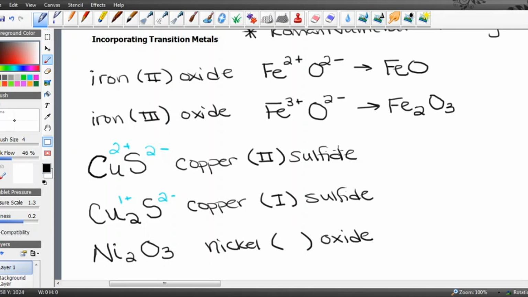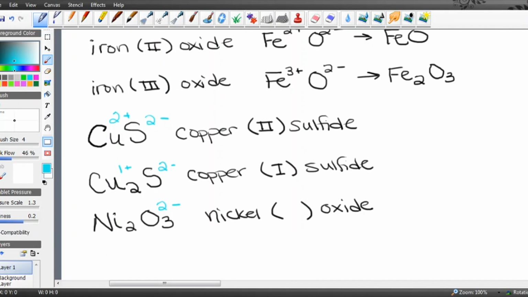I just realized that I've picked oxygen and sulfur for all of these examples. That's okay. The thought process is what matters. All right, let's work backwards to figure out the charge on the nickel. I know that oxygen, because it's in group 6, always has a 2- charge. But here I'm going to have to do a little bit of math. The other ones I could kind of do in my head.